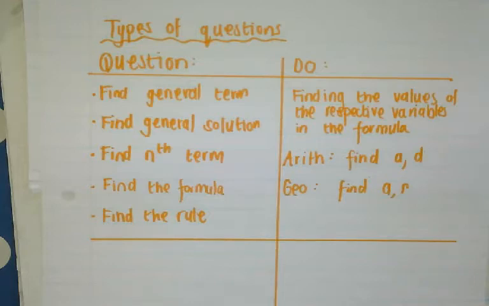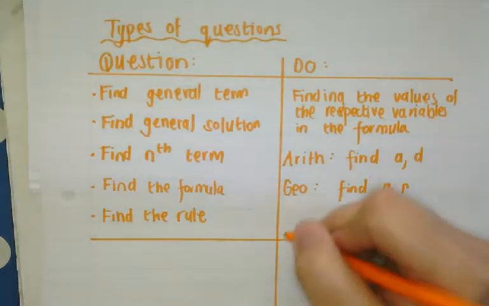Since I'm not talking about a specific term, I cannot find anything that relates to the n. That means I can't find n, it means I can't find Tn, because Tn has got an n in it. So those variables remain Tn and n. But A and D, or A and R, need to get values.